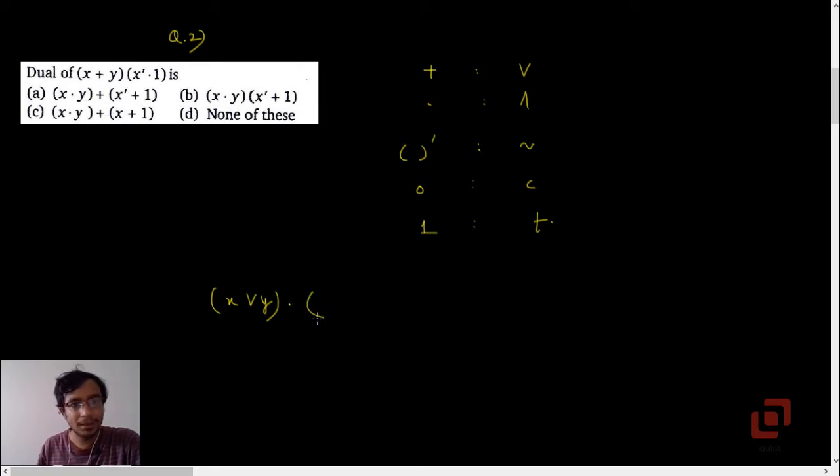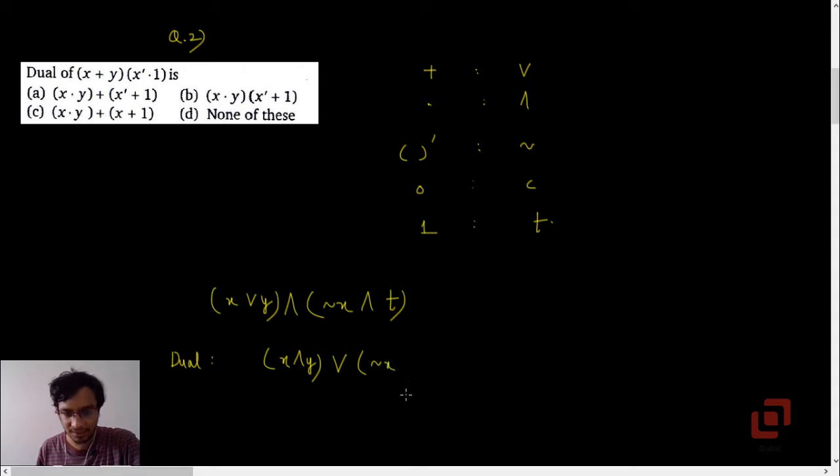Then in the next bracket you have x prime or negation x and tautology. Now to write the dual you should replace OR by AND, and you should replace AND by OR. So let me write AND here. You have to keep negation x as it is.